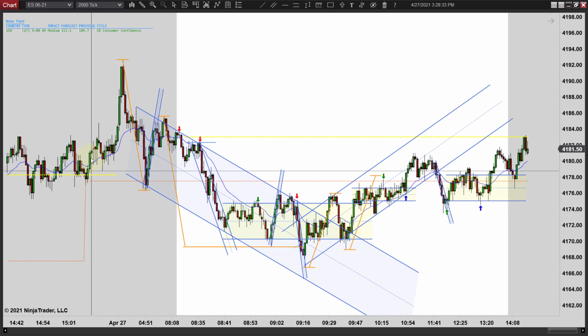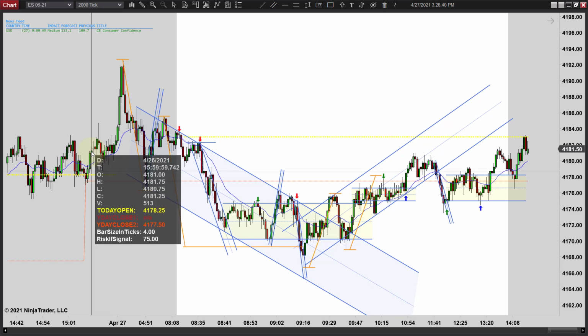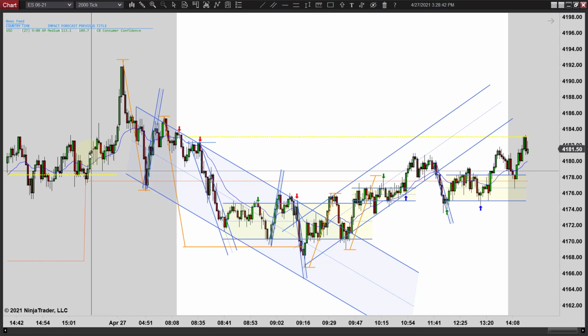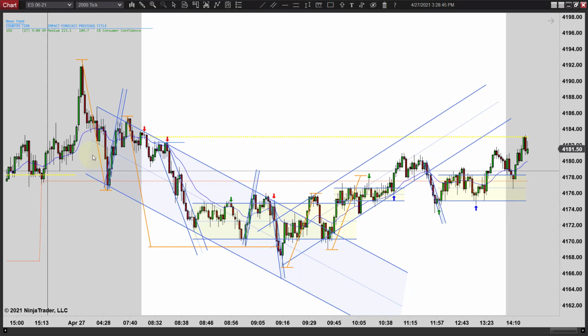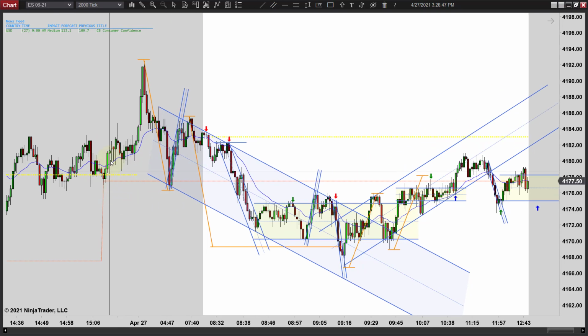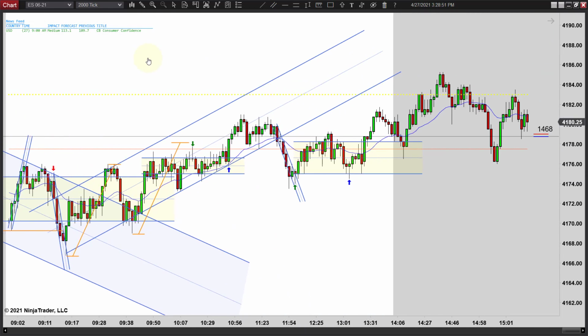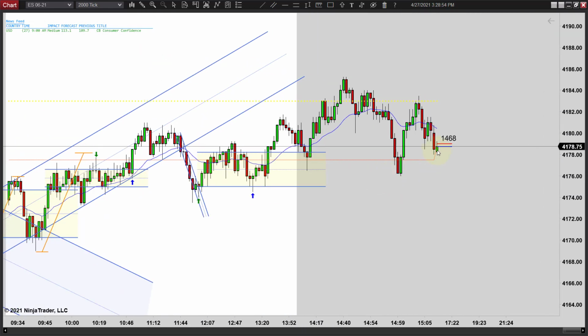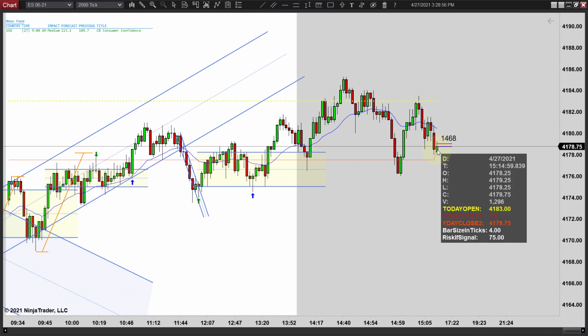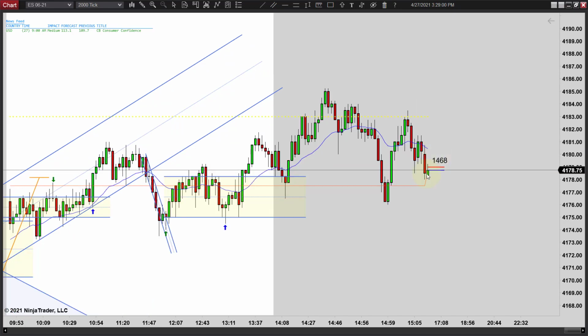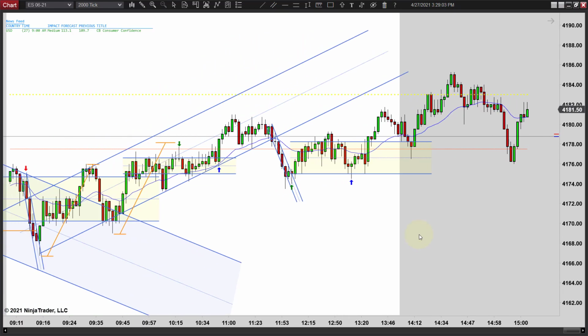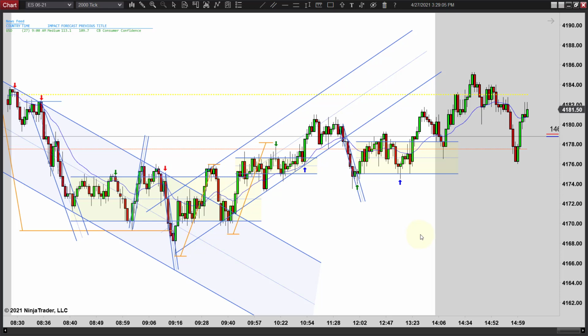We closed yesterday at 41.81, and today 41.78. Of course, this is just the 3:15 halt, and it'll pick back up here in a minute.